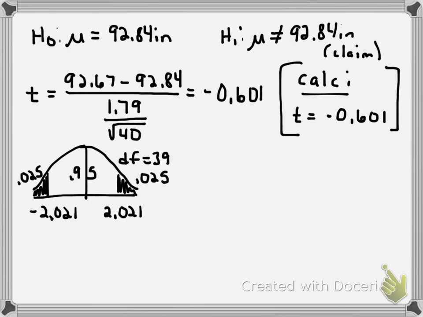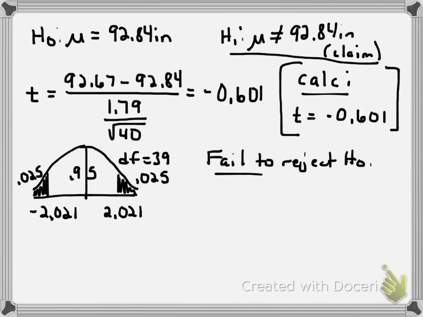So the test statistic of negative 0.601 is between the critical values and not in either critical region. So that means that we fail to reject the null hypothesis. So the claim is with H1, and we fail to reject the null hypothesis.